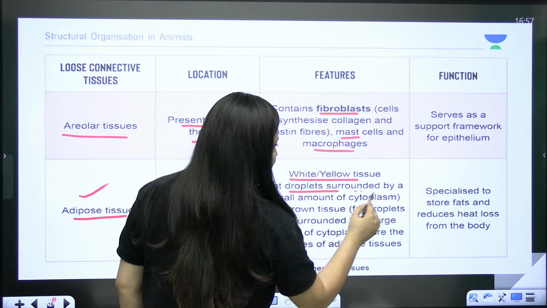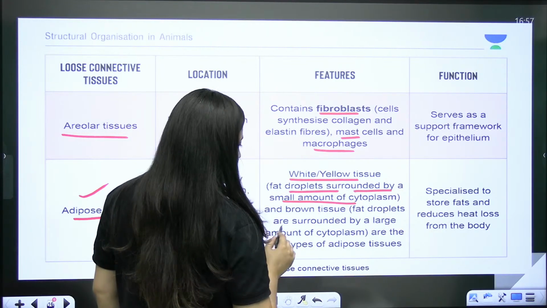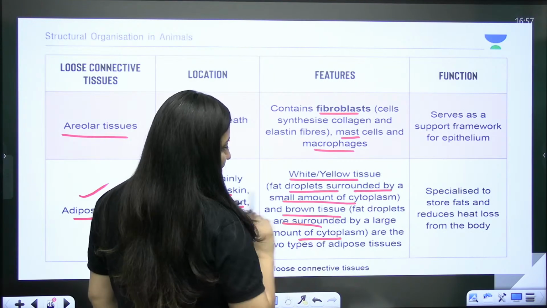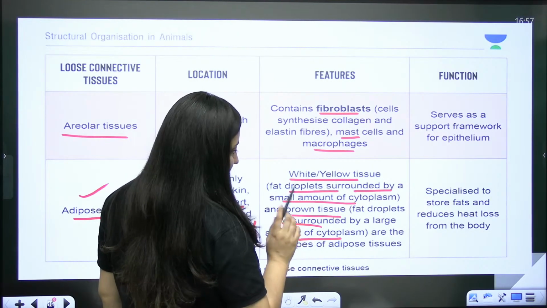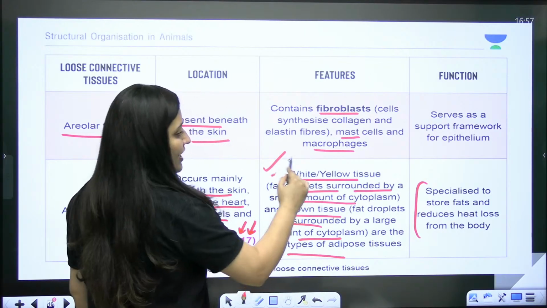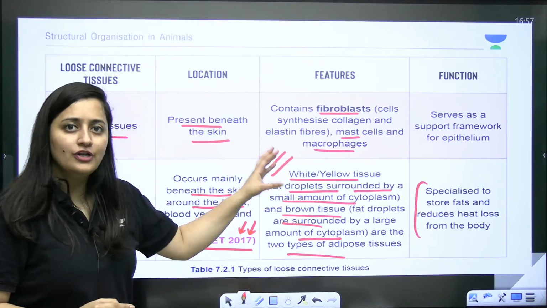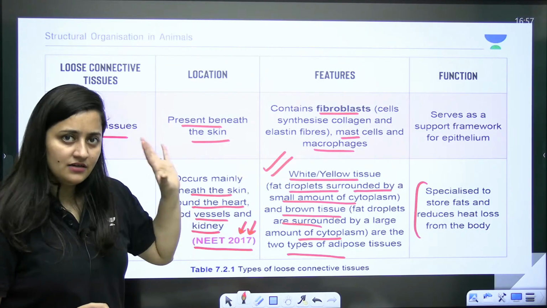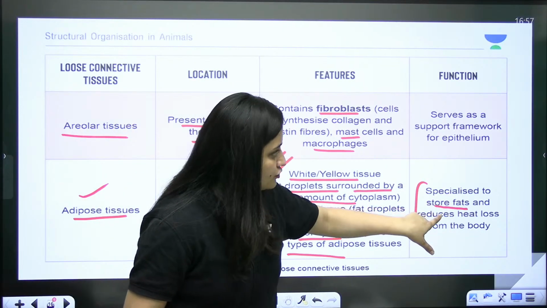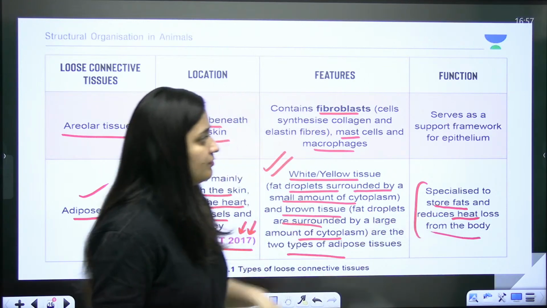In white fat, the fat droplet is surrounded by a small amount of cytoplasm, and in brown tissue, fat droplets are surrounded by a large amount of cytoplasm. I told you already about brown fat and white fat, monolocular and multilocular adipocytes. It is specialized to store fat and reduce heat loss from the body.